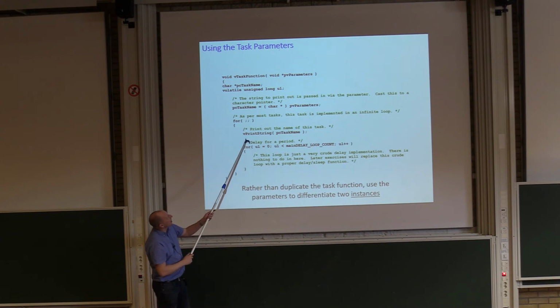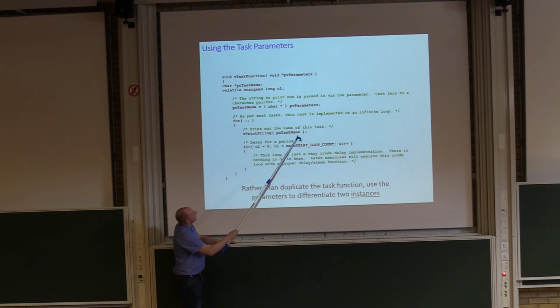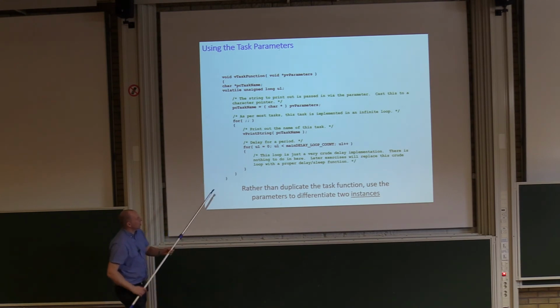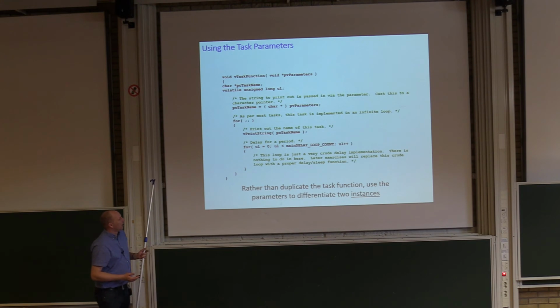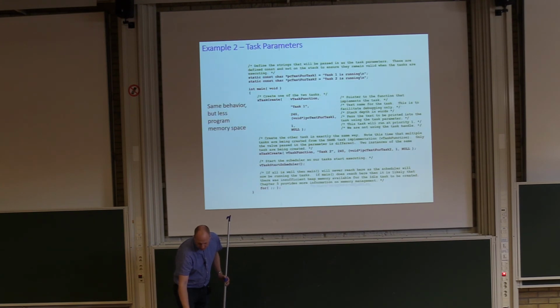And now, instead of printing out the string itself, as we did before, we print out this variable that was sent in to the function. So then we don't need to duplicate the task function, and we can use the parameters to differentiate between two instances.